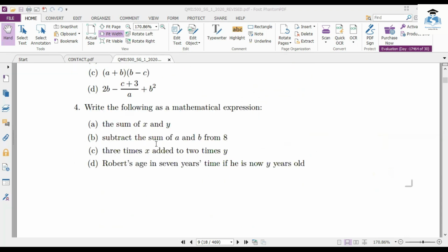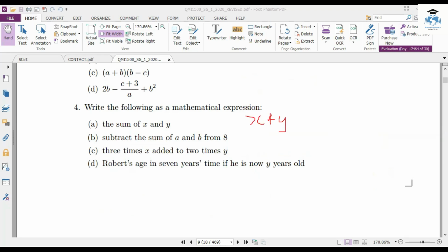Right, these expressions. A, what is A? Another one to contribute. It's x plus y, the sum of x and y. All right.